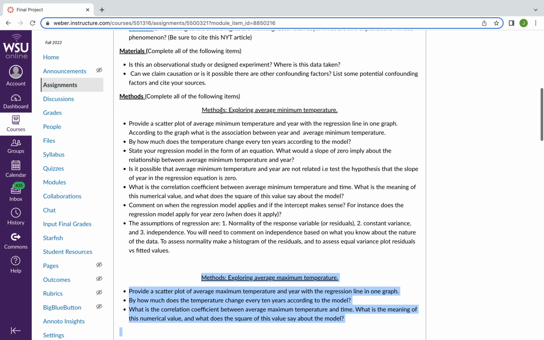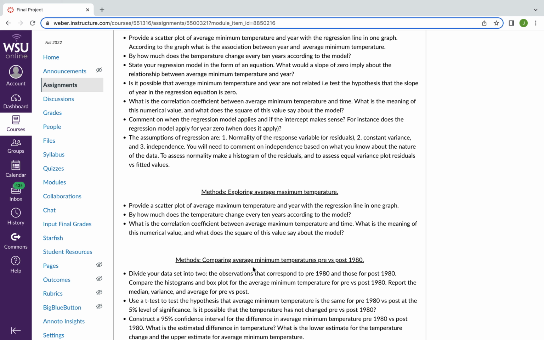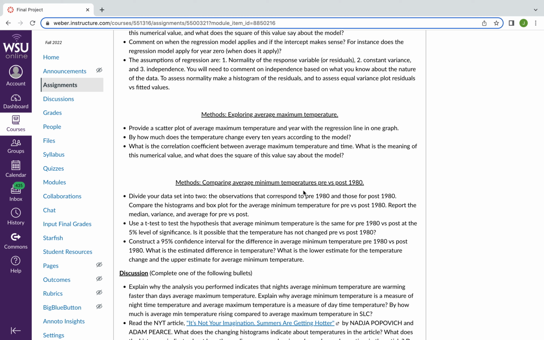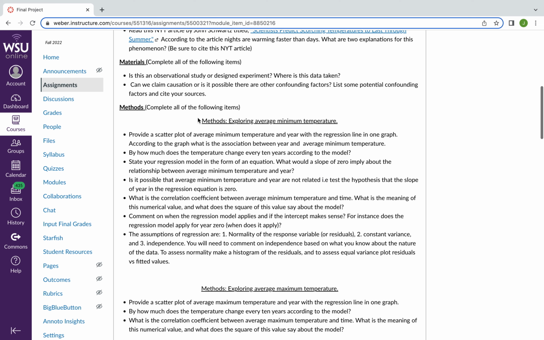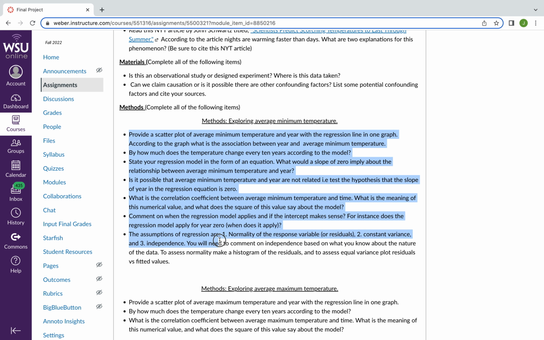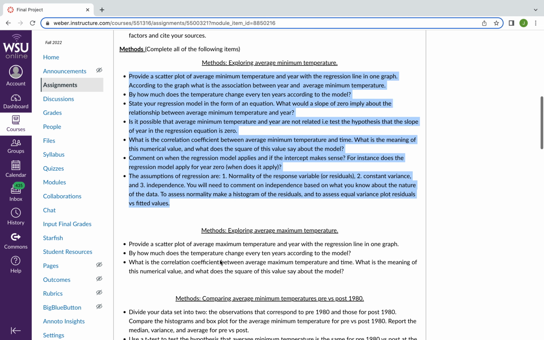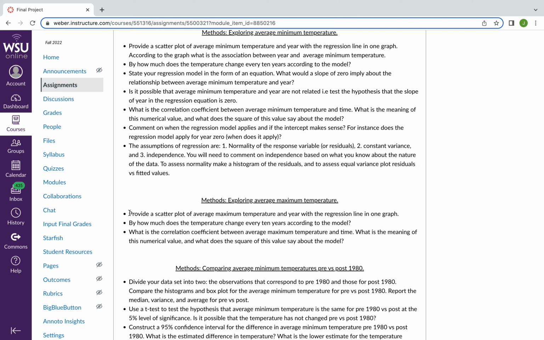So there are 3 topics here: average minimum temperature, average maximum temperature, and comparing average minimum temperatures before 1980 and after 1980. Okay, and you need to answer all of these questions that is on material that we will go over in this course. Okay, likewise here.